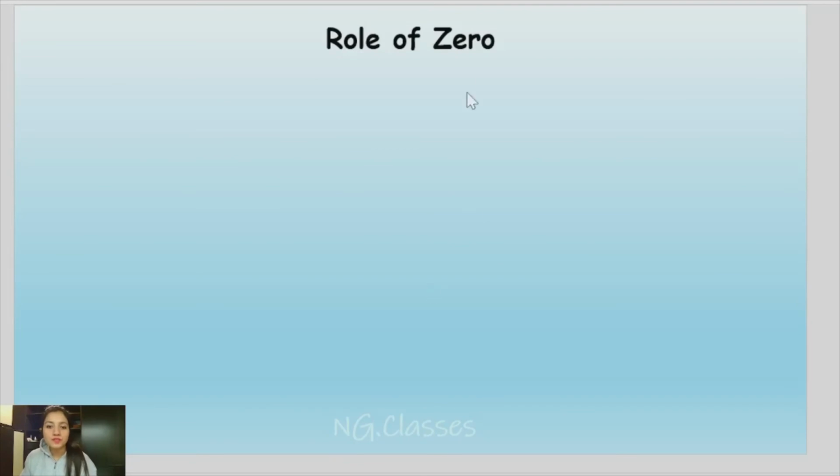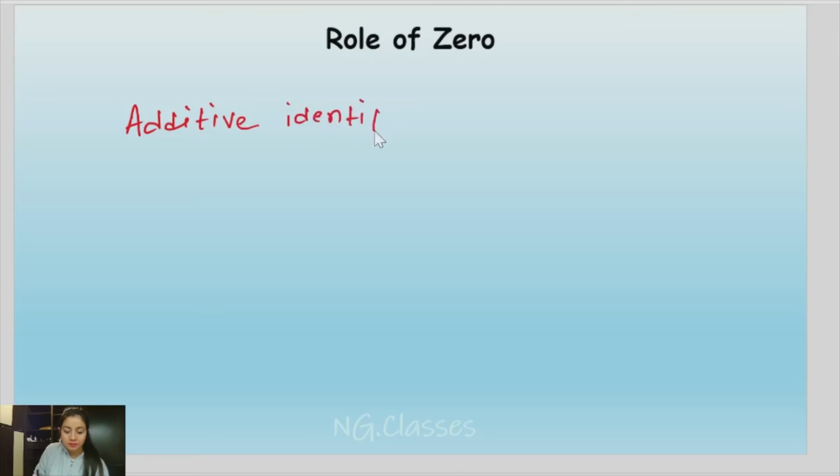Now the role of 0. What is this? Suppose we add 0, this 0 is called the additive identity of whole numbers, integers, or rational numbers. What is additive identity? It means when we add 0 with any number, suppose I am taking first a whole number.